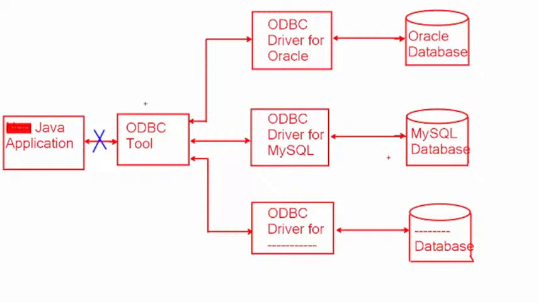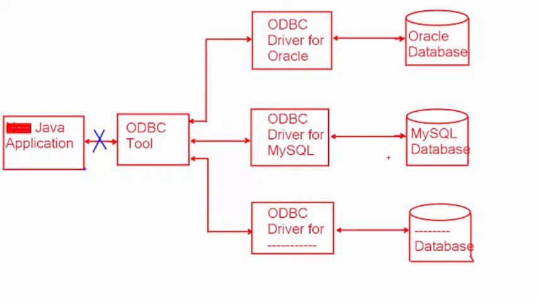The reason: ODBC compatibility was not there in Java. The Java language was not developed with ODBC compatibility. Whatever instruction the Java application passes, ODBC cannot understand, so the connection failed. First they faced this problem.